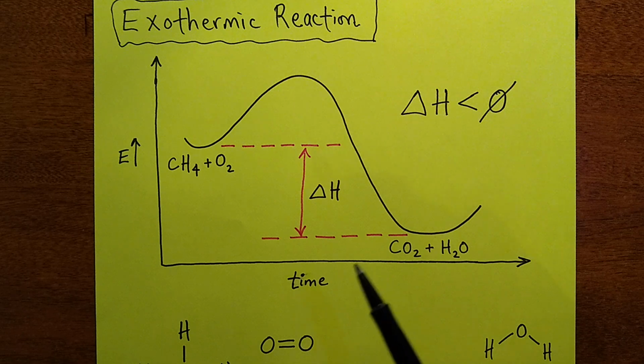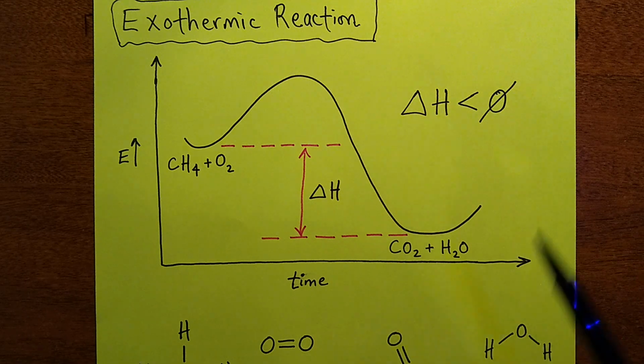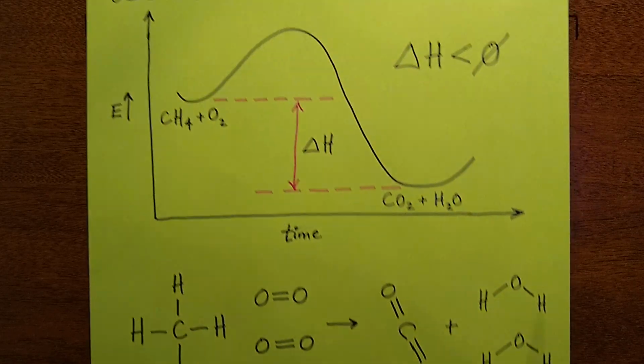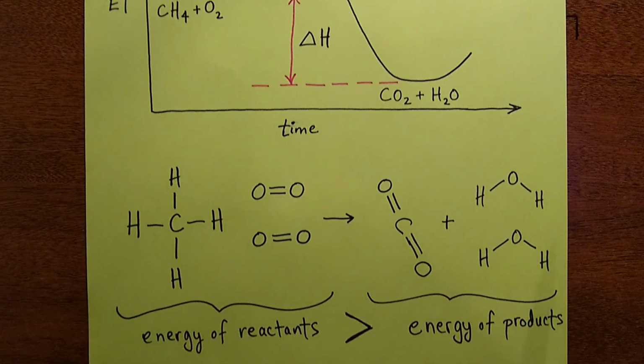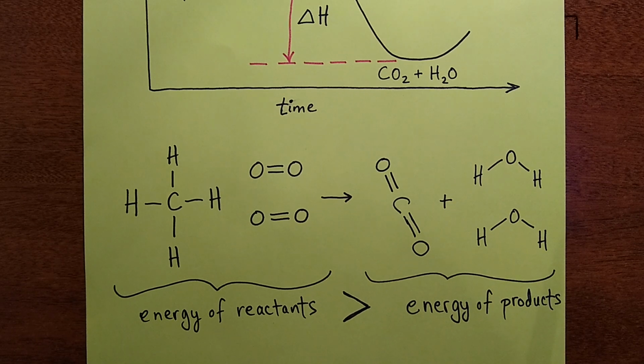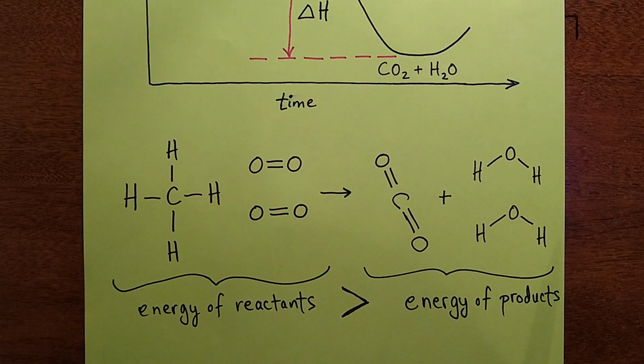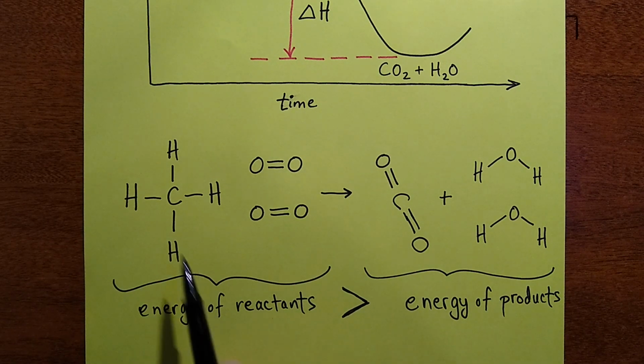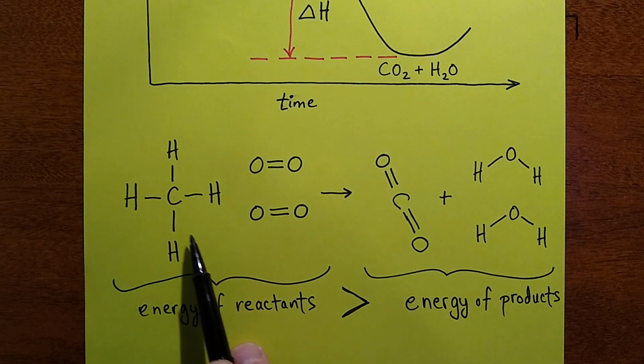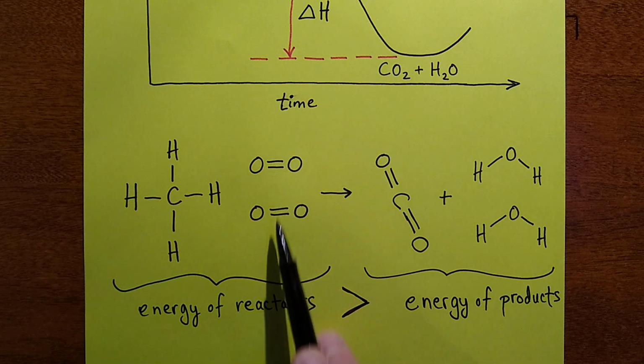Remember, that's spelled E-N-T-H-A-L-P-Y, enthalpy. In this case, delta H is less than 0. And like I showed you in the last video for that one combustion reaction, this is where the energy is coming from. In the reactants, you have 4 carbon-hydrogen bonds and 2 oxygen-oxygen double bonds breaking.